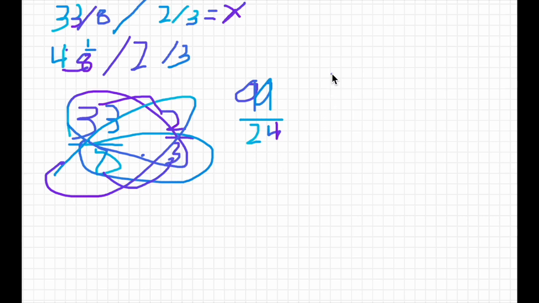And we're dividing that by 2/3, which becomes 16 over 24, because you are just multiplying 8 and 2 to make these the same.